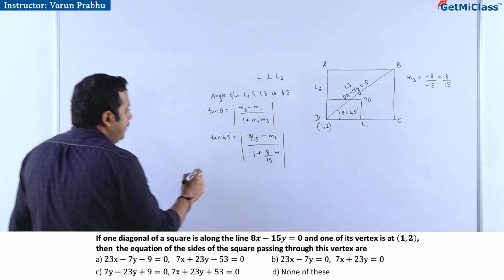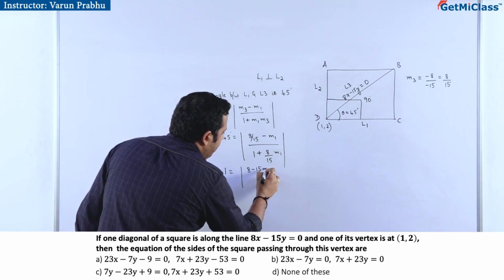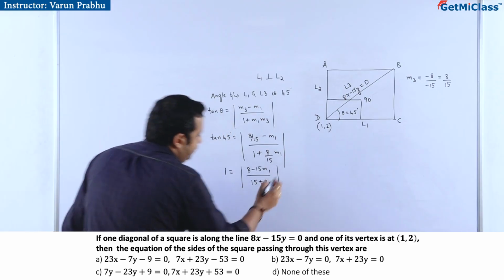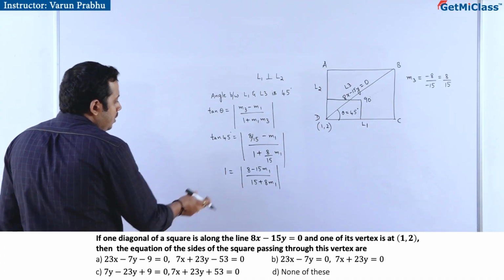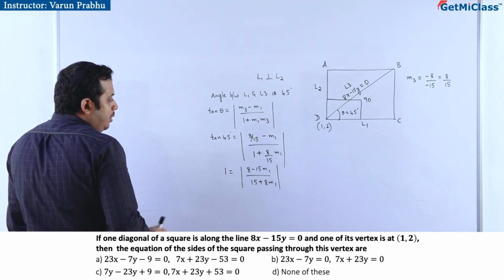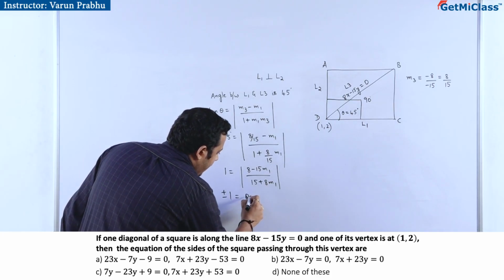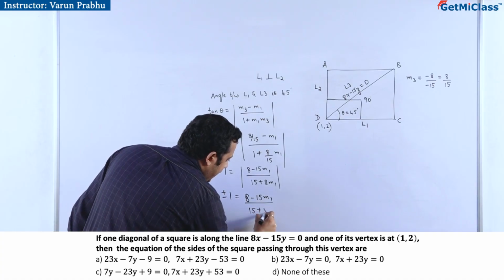So tan 45 is 1, that is equal to modulus of (8 minus 15 m1) divided by (15 plus 8 m1), correct? So what do we get now? When we remove the modulus, I can put plus or minus 1 equal to (8 minus 15 m1) divided by (15 plus 8 m1).